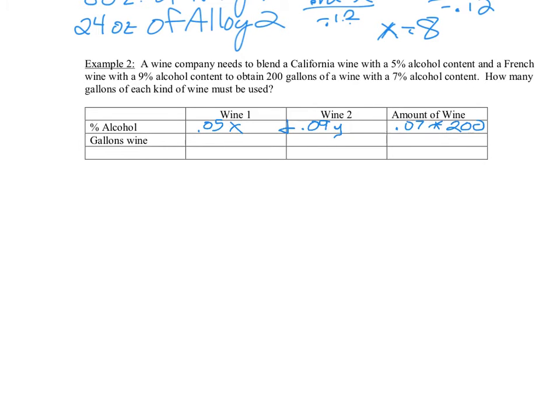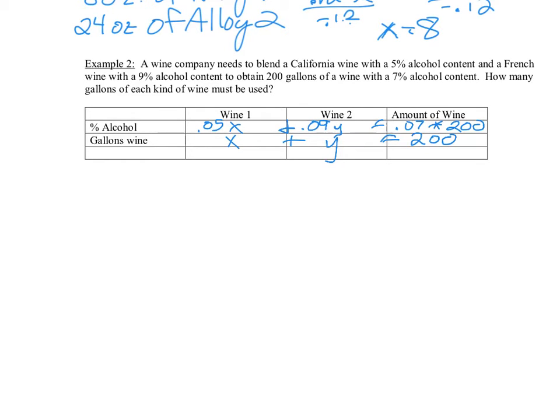So it's the amount of alcohol in wine 1 plus the amount of alcohol in wine 2 has to equal the amount of alcohol overall. Now gallons, x gallons of California plus y gallons of French has to equal 200 gallons. Okay, now we've got our two equations.